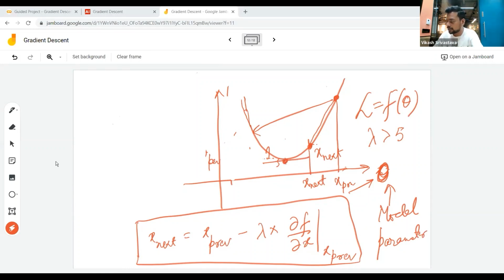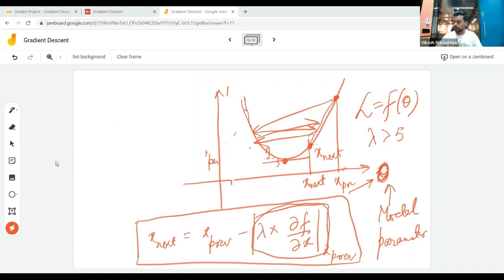For a high learning rate, you will just keep going back and forth like this. Because for large lambda, this particular term will be large, so the update will also be large.